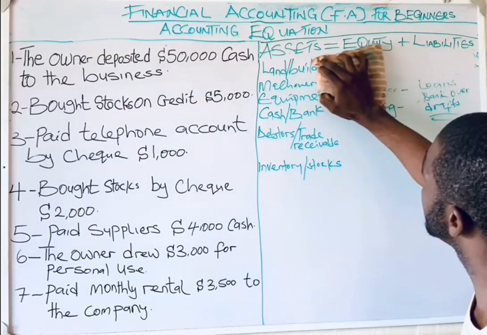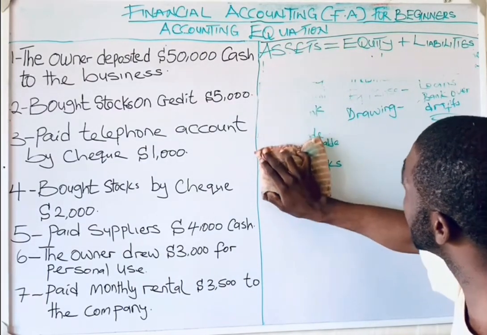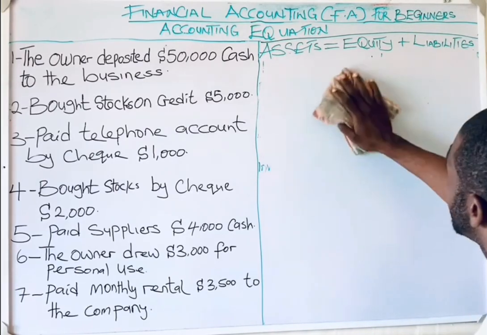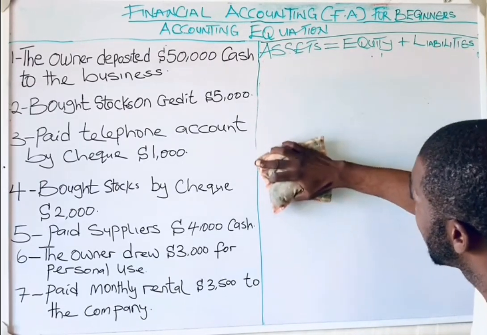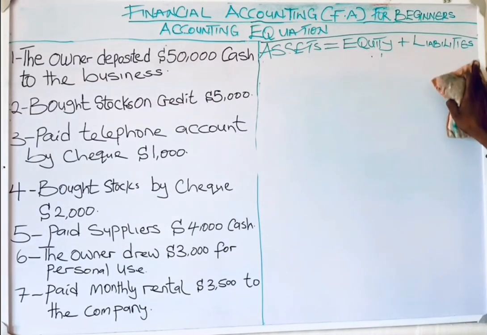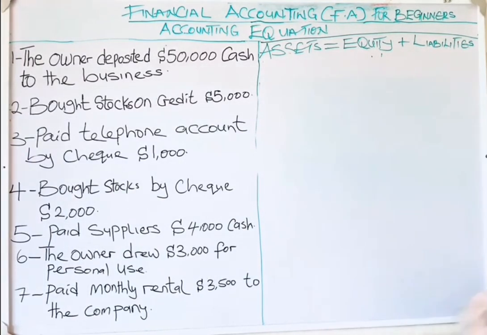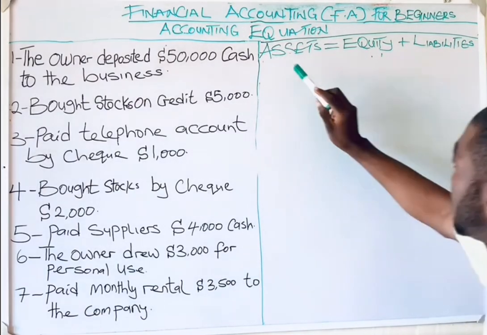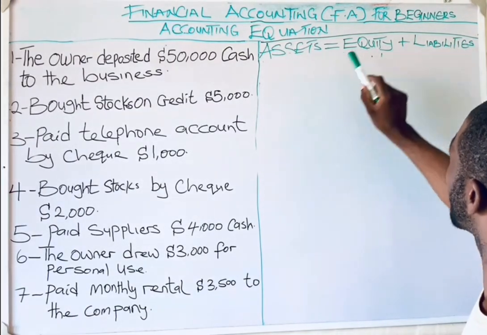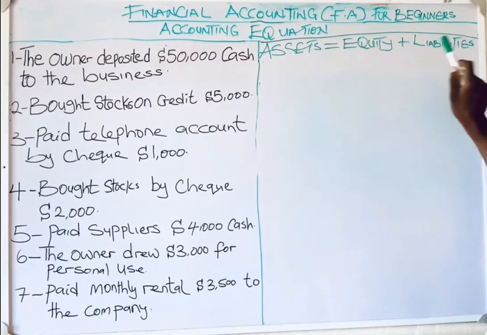After knowing the items under the elements, that is the assets, the equity and liabilities, let's go straight to confirming our equation that assets equals equity plus liability.